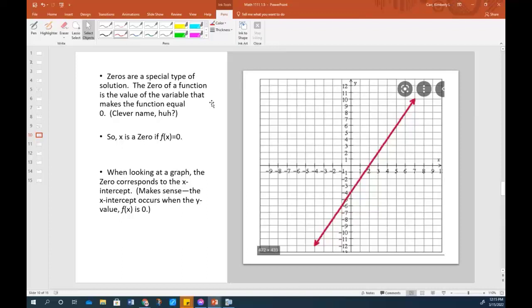A zero is the number that makes that happen. x is a zero if f of x is equal to 0. So when you're looking at a graph, don't forget that f of x is a y value. So x is a zero if it makes y equal 0. And when y equals 0, that's the x-intercept.